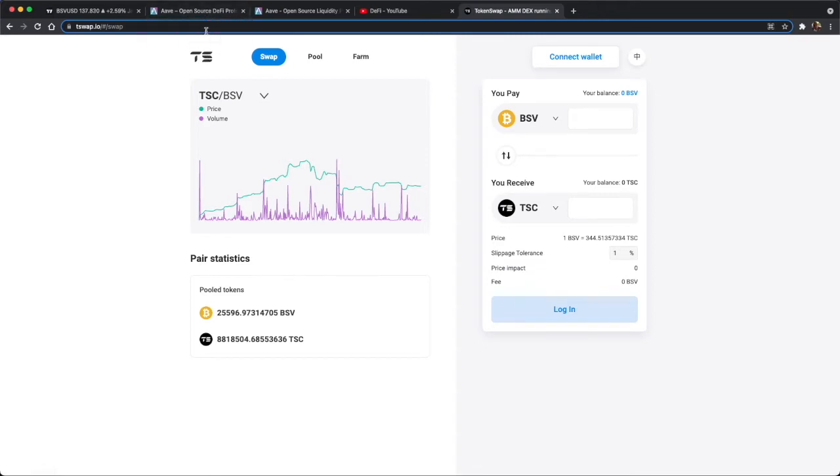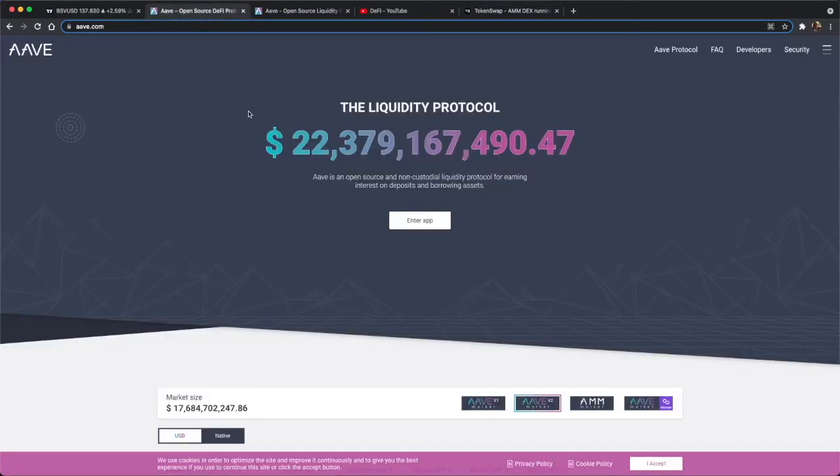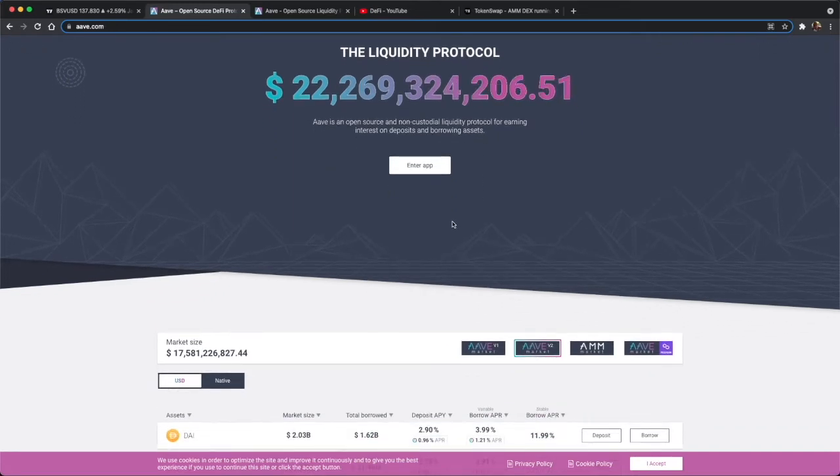So they use something called AAVE. And look at this. This is just money out of thin air. AAVE is an open source and non-custodial liquidity protocol for earning interest on deposits and borrowing assets. Where is this interest coming from? Okay. Who's going to risk their money? Who's going to pay interest on these things?